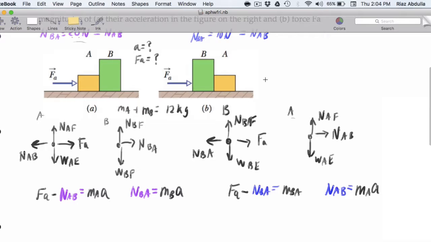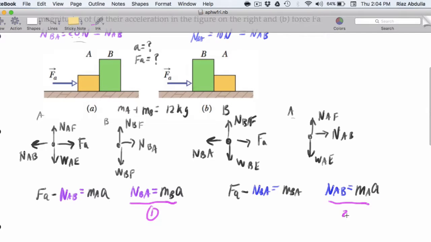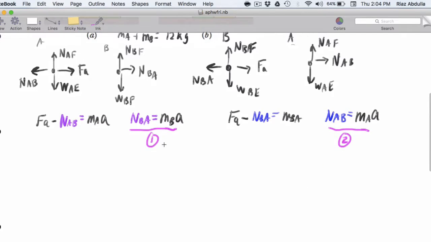Now, here is where there is a leap of intuition that you only get through experience. Check this out. I have this equation here, which I'll call 1, and this equation here, which I'll call 2. And what I can do is shove those two equations together, and look what they get me.